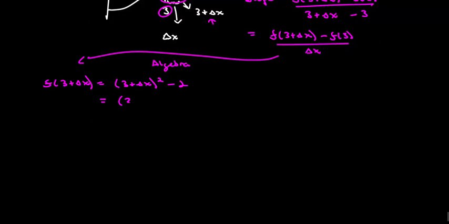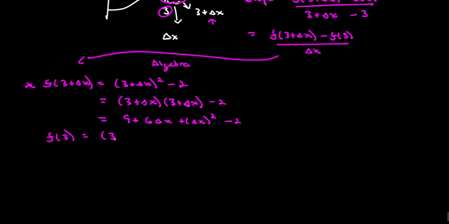Let's just go ahead and evaluate that out. So 3 plus delta x times 3 plus delta x. You got to FOIL that guy. So it'll be 9 plus 6 delta x plus delta x squared, then minus the 2 still. So that is f at 3 plus delta x.